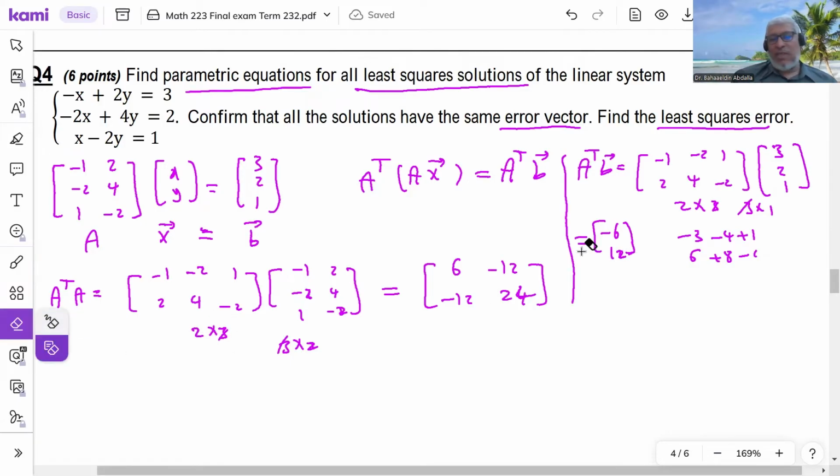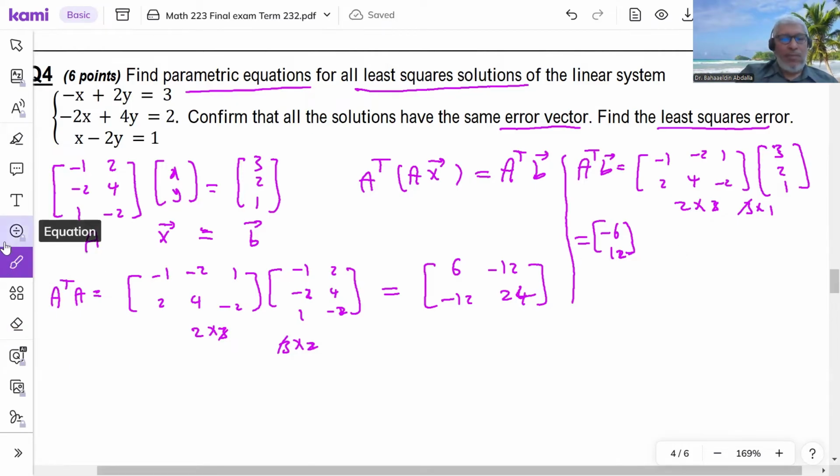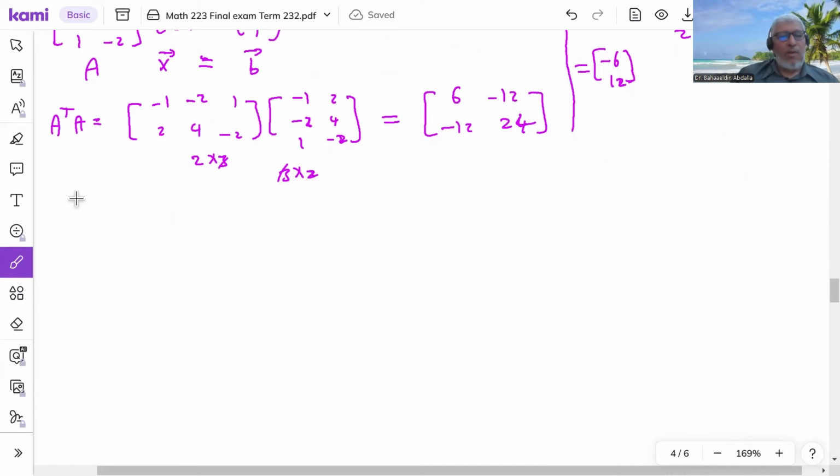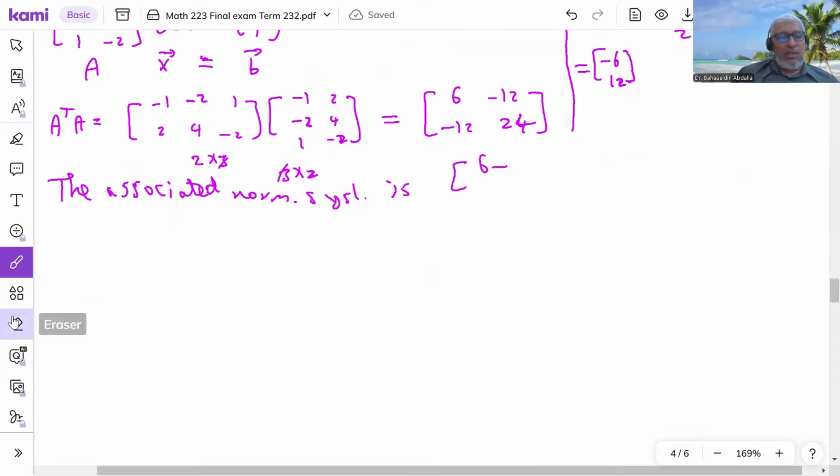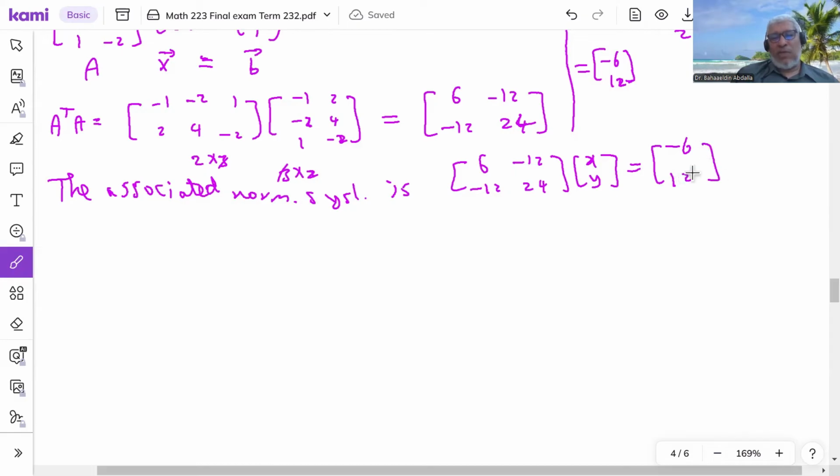So the associated normal system is A^T A, which is 6, negative 12, negative 12, 24, times x and y, equals negative 6 and 12.